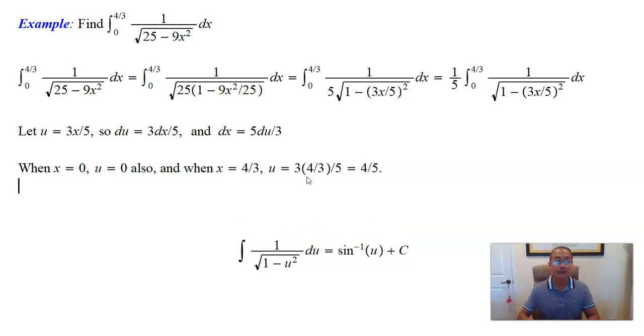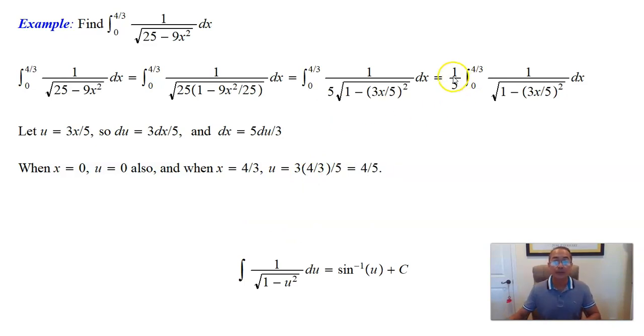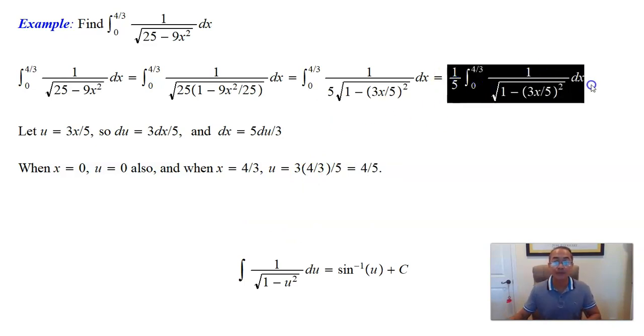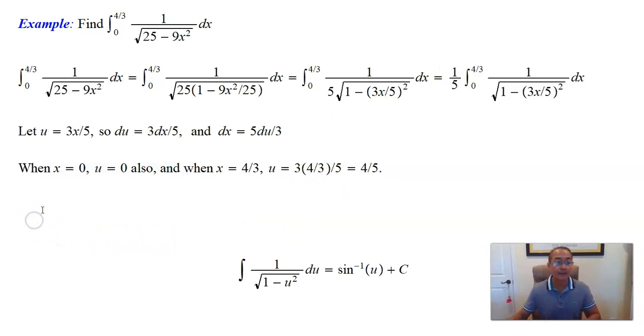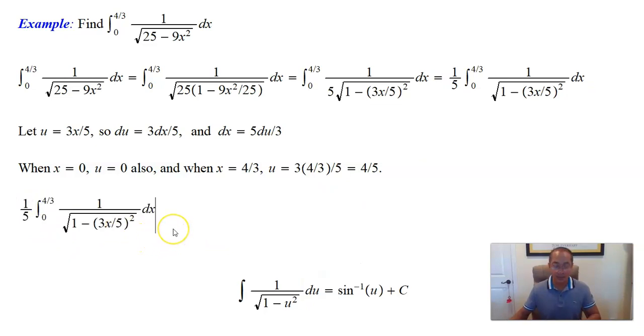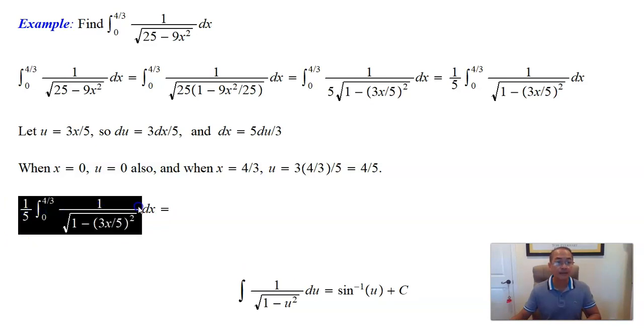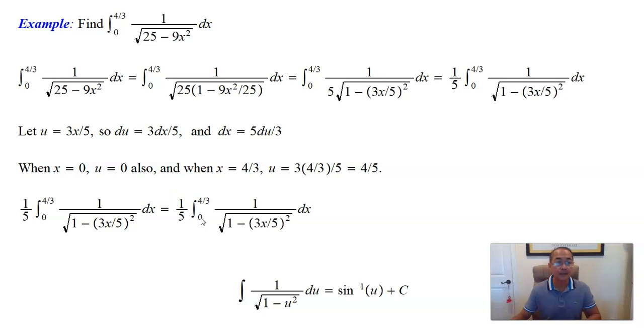All right, so we are able to rewrite our integral. The 1/5 stays, and instead of 0 to 4/3, 0 is the same, but we now have 4/5. So there's a very subtle change in the upper limit: from 4/3, it's now 4/5.